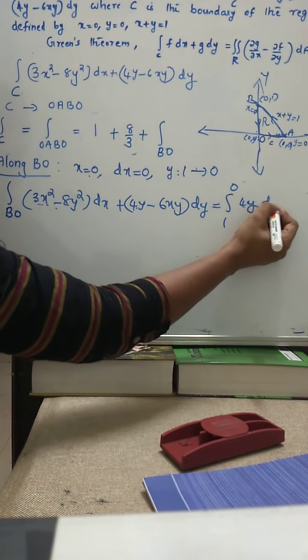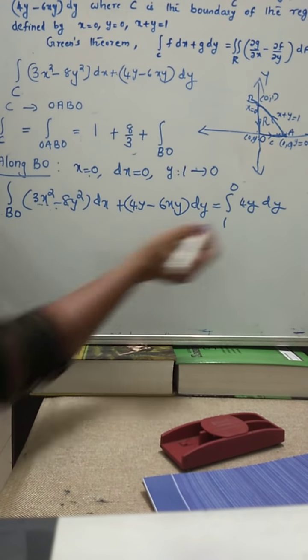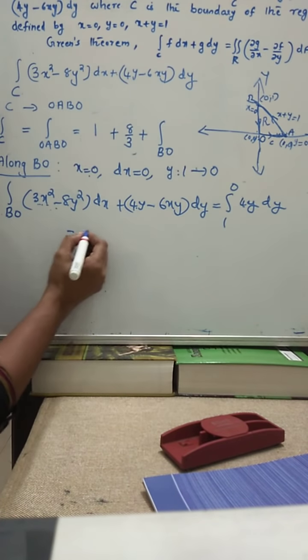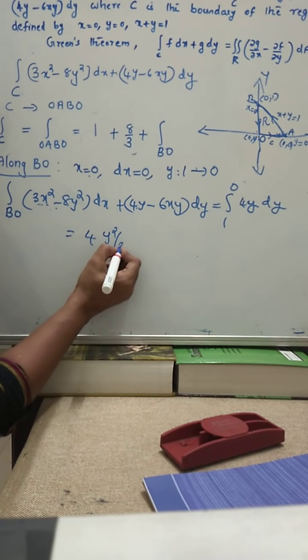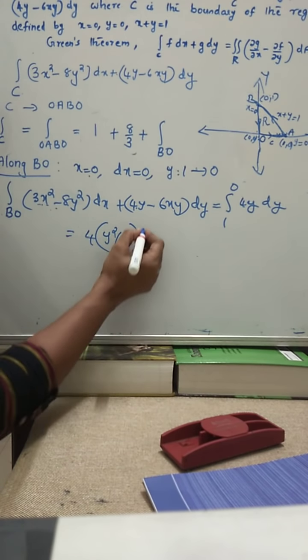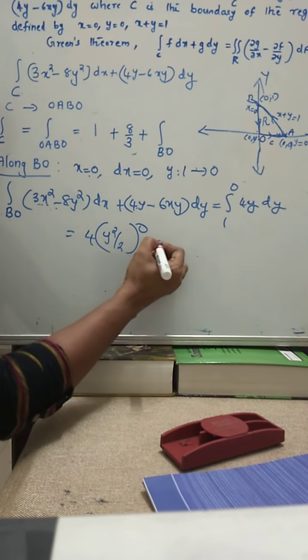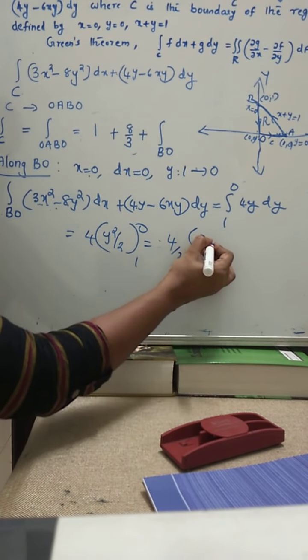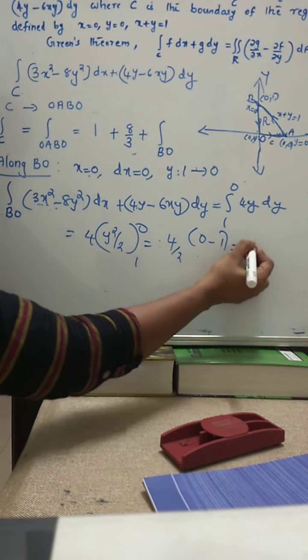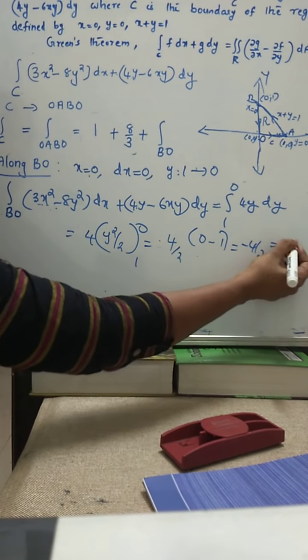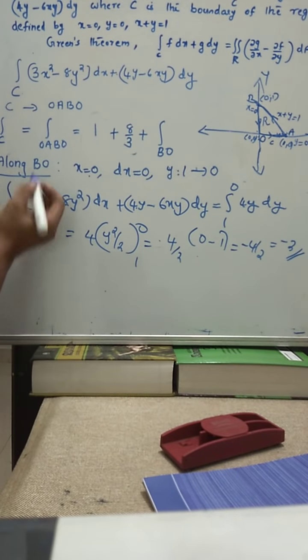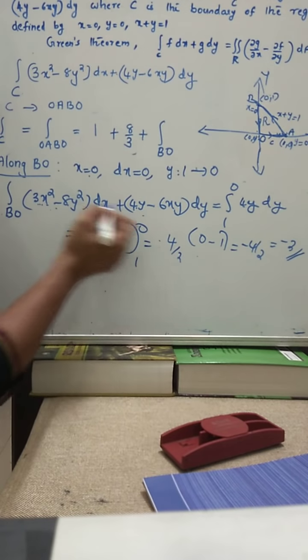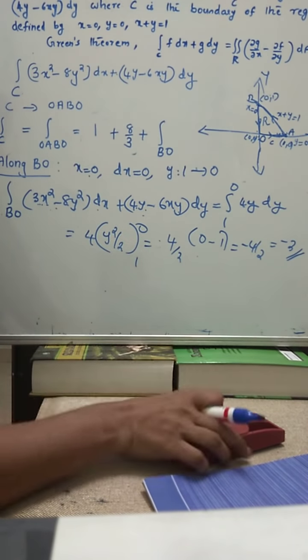So 4y dy, with y varying from 1 to 0. It is equal to 4 times y²/2 within the limit 1 to 0, so you get 4/2 times (0 − 1), which is −4/2, and the answer is −2. So the integral along BO of the function is −2.